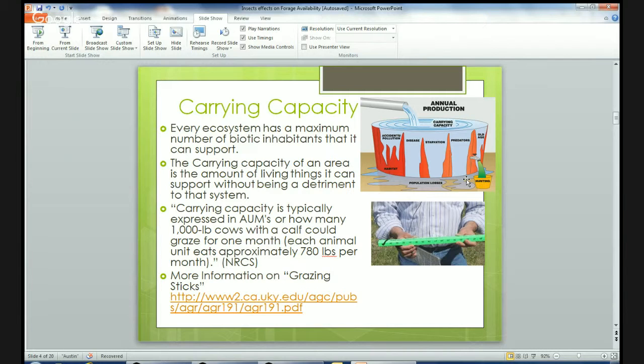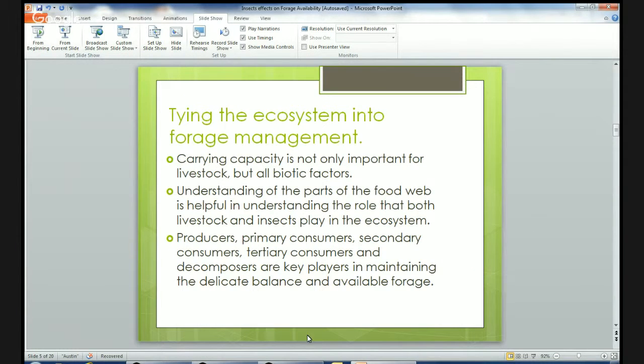We want to make sure we are paying very close attention to our ecosystems and not overtaxing them, because we'll also see the detriment in our livestock as far as their body condition score goes. The carrying capacity of an area is the amount of living things it can actually support, and support well, without being a detriment to that system, so that all of the living things are doing quite well.